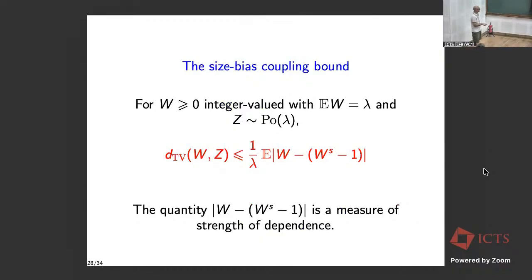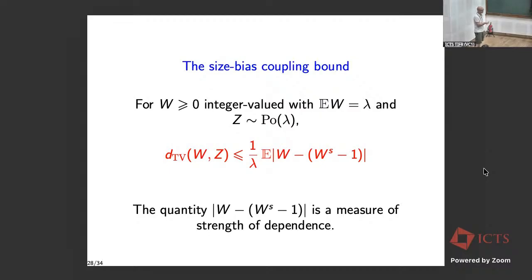And then once you do that, you can prove a bound. You can prove that if W is integer valued, you can now upper bound the total variation distance by 1 over lambda, expectation of W minus WS minus 1. Okay, so this here measures how well W satisfies this fixed point equation.